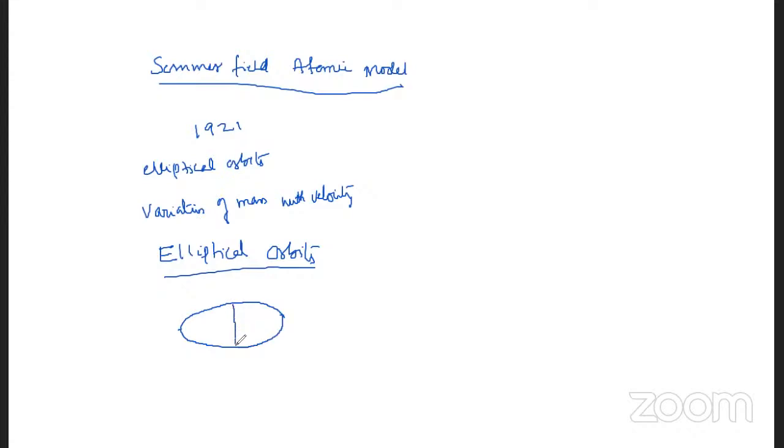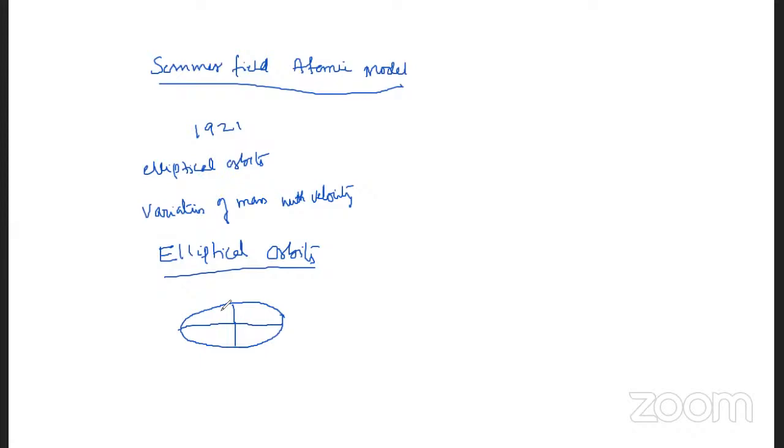In this case, the radius is not constant from the center, but it has a major axis as well as a minor axis. In addition to the circular orbits given by Bohr, he suggested elliptical orbits instead.